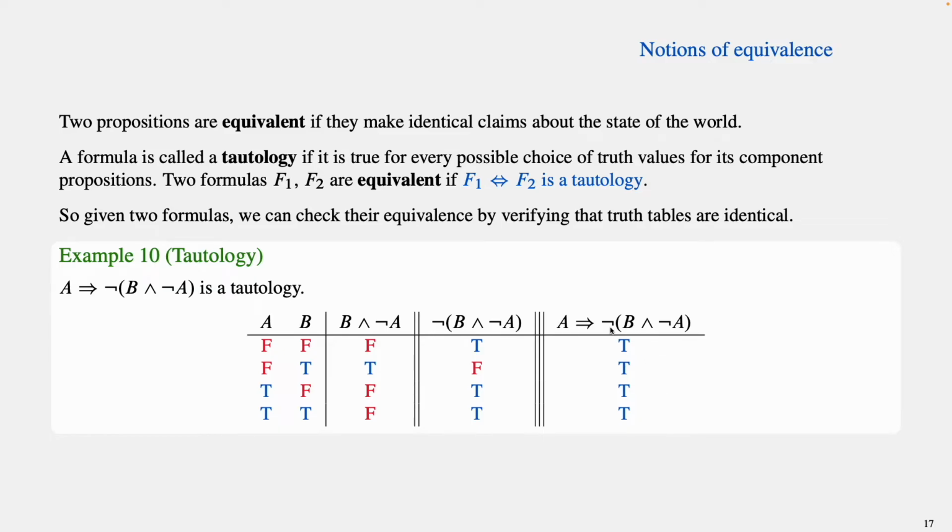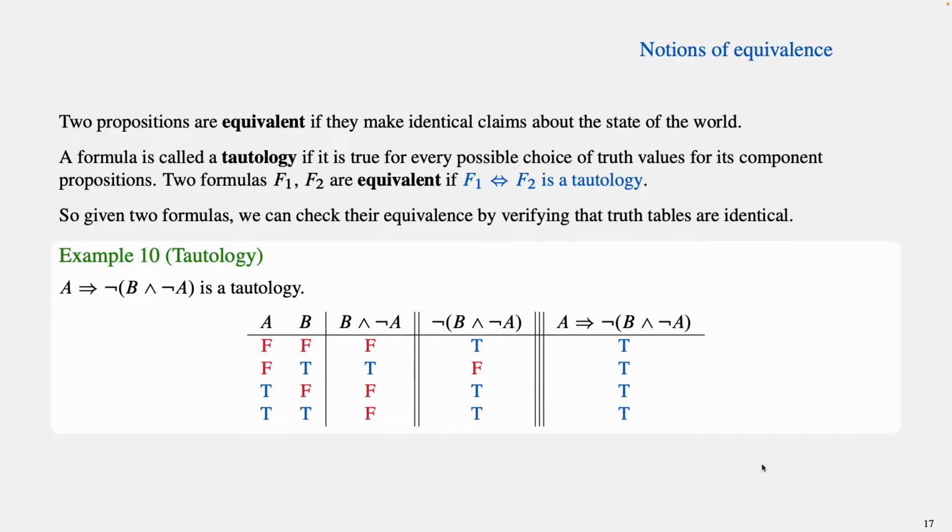Okay, remember this implication, A implies something, is only false in the case that A itself is true and this something is false. Now the only case where something is false requires A to be false. So we never have the situation where A is true and the right-hand side is false. So it has to be true all the way.